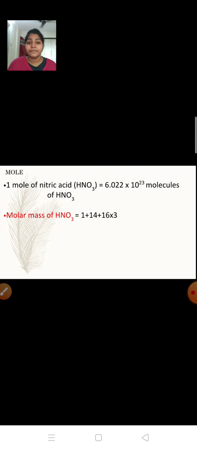You can see here the atomic mass of hydrogen is 1. Atomic mass of nitrogen is 14. And atomic mass of oxygen is 16. But over here we have 3 oxygen atoms. So 16 multiplied by 3. So when we solve this, we get the answer as 63 gram. So the molar mass of nitric acid is 63 gram.